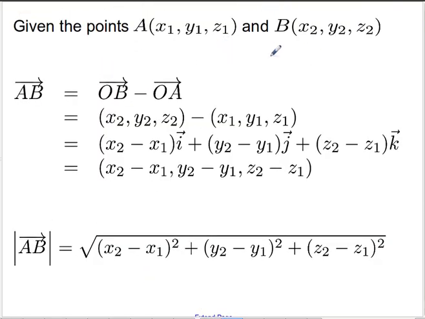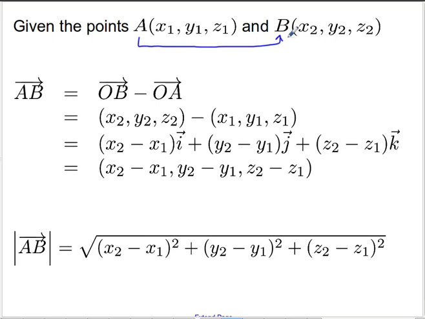Now, what about if I have two points? For the first one, I'm just going to choose three arbitrary coordinates, x1, y1, z1, and x2, y2, z2 for the coordinates of point B. Then I can describe the vector between them in going from A to B. If you remember this from what we looked at in two dimensions, to go from A to B, I actually have to do the vector subtraction in reverse.